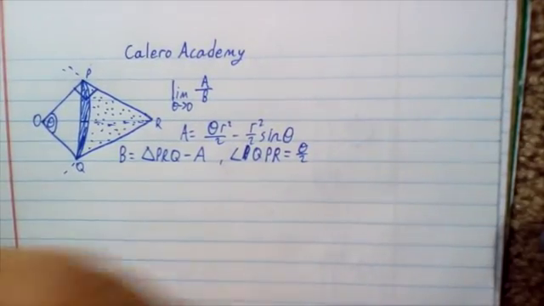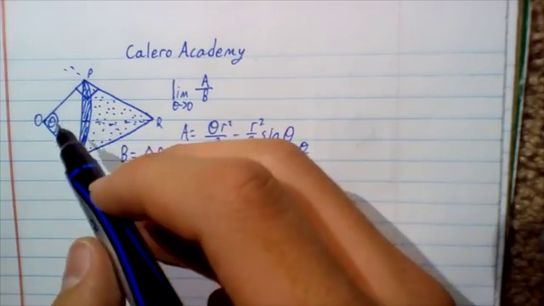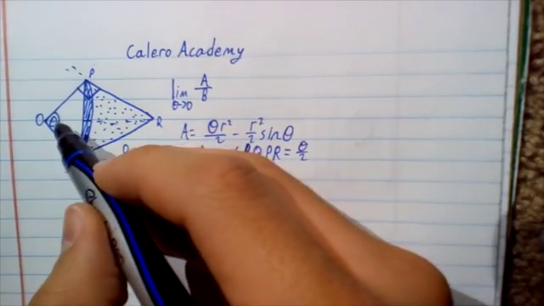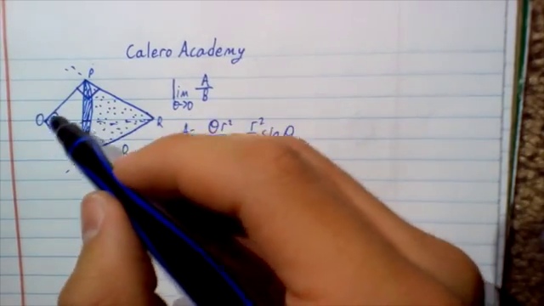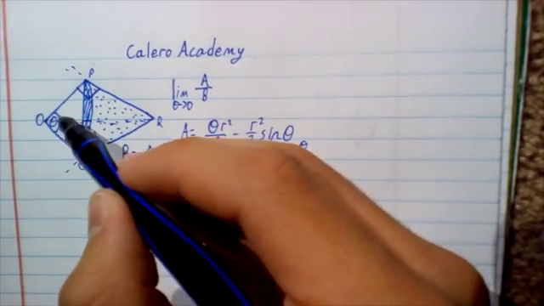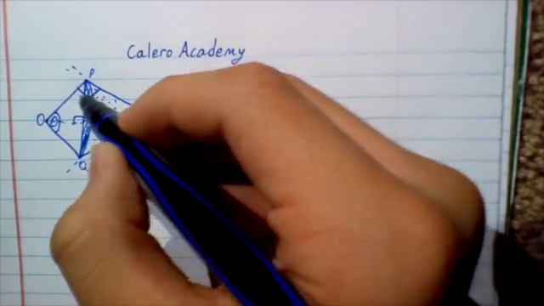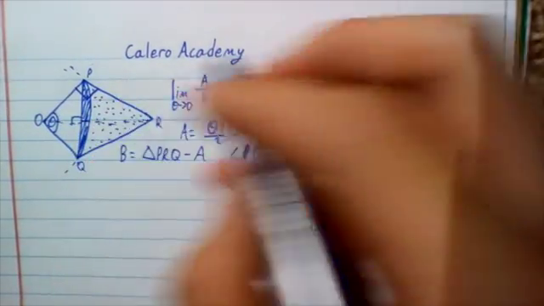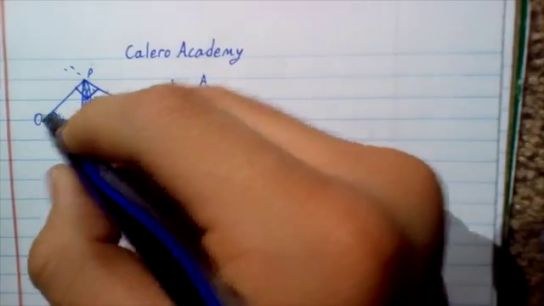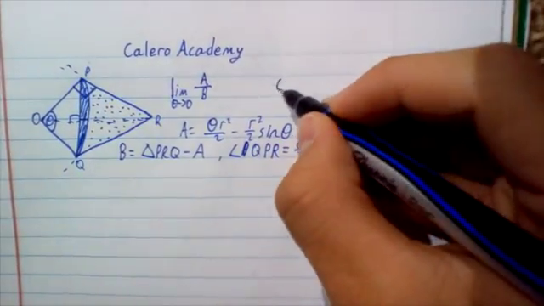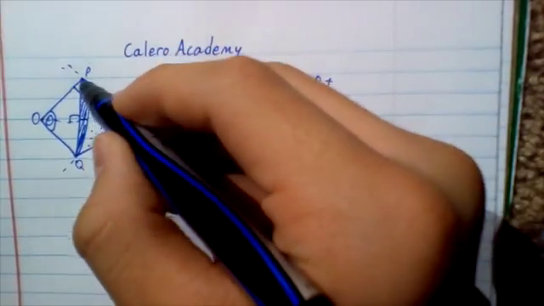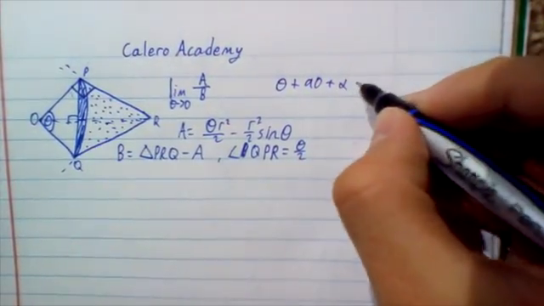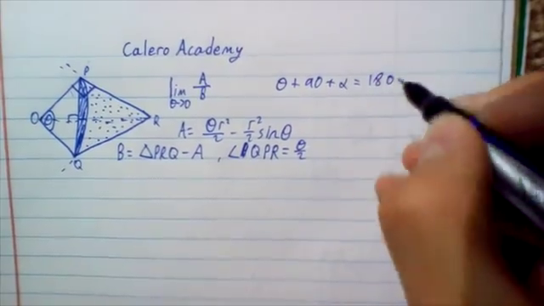And the way we realize that is by realizing that when you chop this angle in half, you have theta on 2 over here, and you have 90 over here, and by some algebra, so this triangle over here has 180 degrees, therefore theta plus 90 plus this mystery angle alpha is equal to 180.